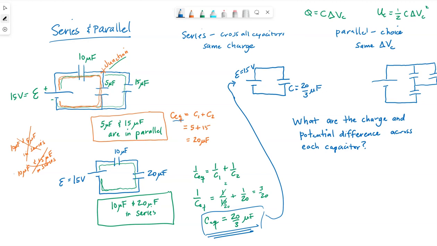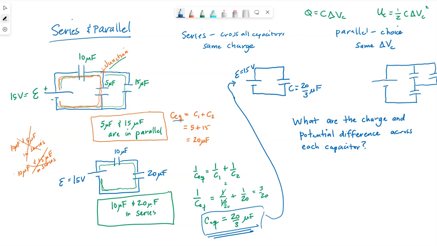So in this circuit, we know the battery is supplying 15 volts, but these individual capacitors do not individually have 15 volts across them. Charge moves around until an electrostatic equilibrium is reached, and we're essentially trying to find out how much charge is on each capacitor to get us to this equilibrium situation.